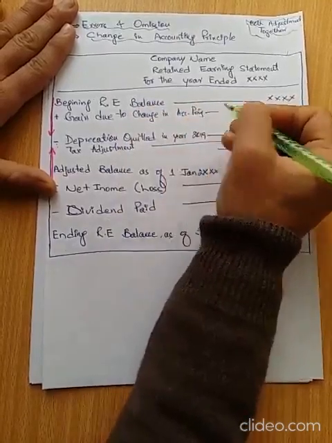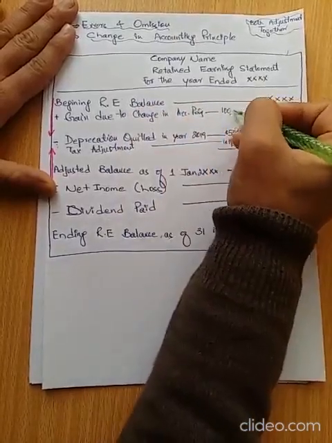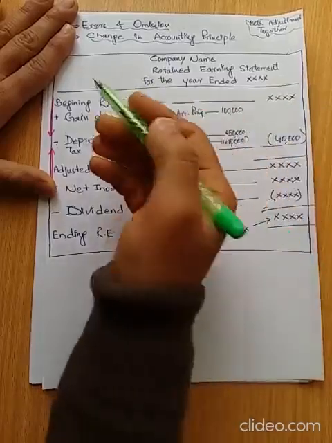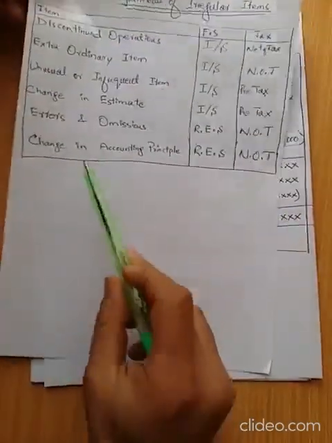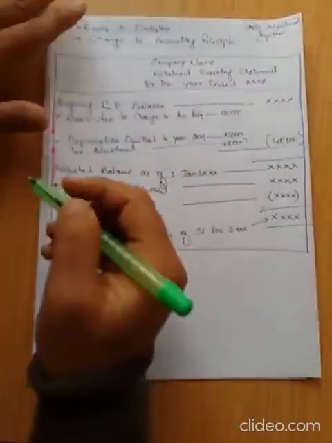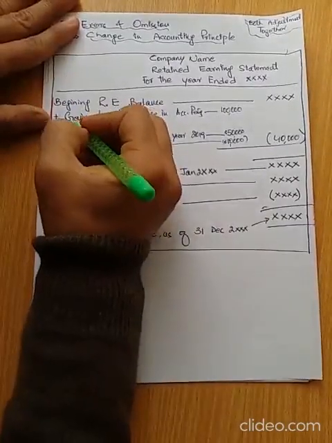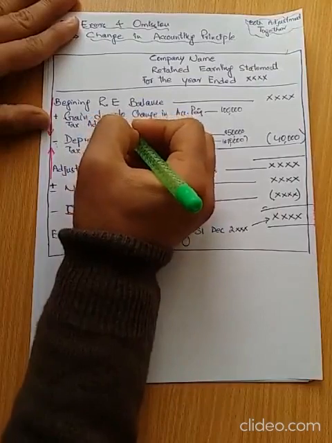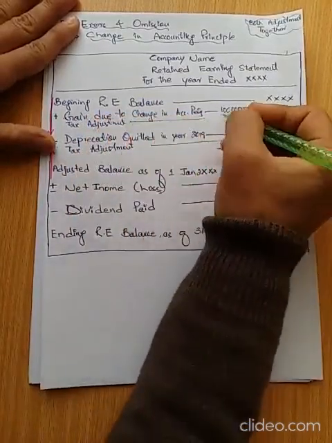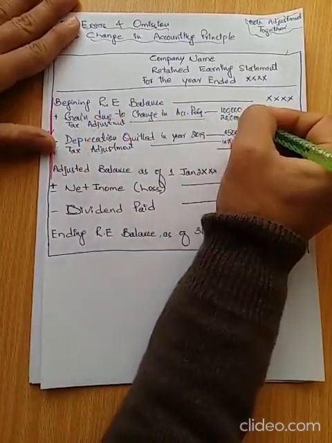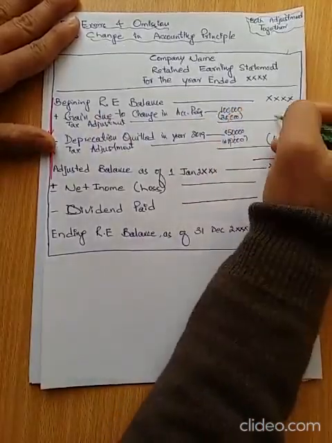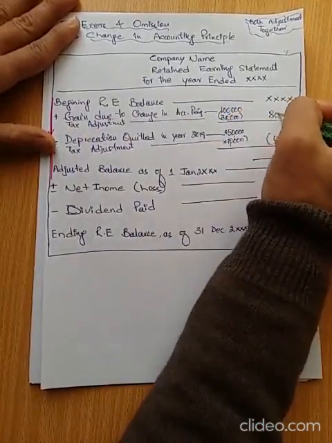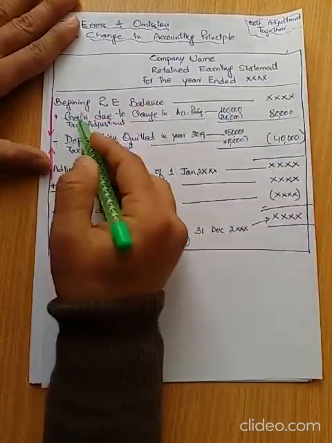How much gain did we have? Let's say we had a $100,000 gain. Again, the change in accounting principle is net of tax, so I have to adjust the tax value here. The tax adjustment is 20% in our country, and you get the value here, $80,000, a positive value, because this is a gain.